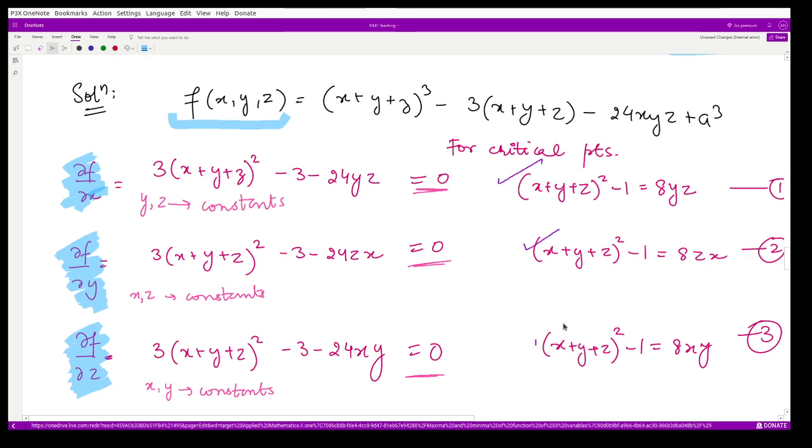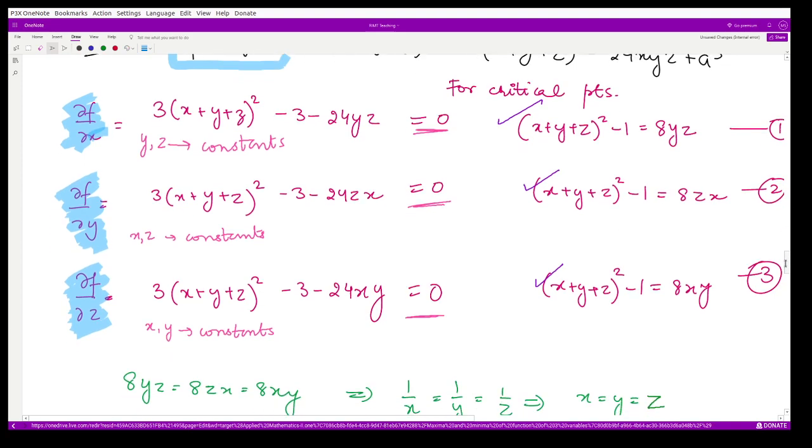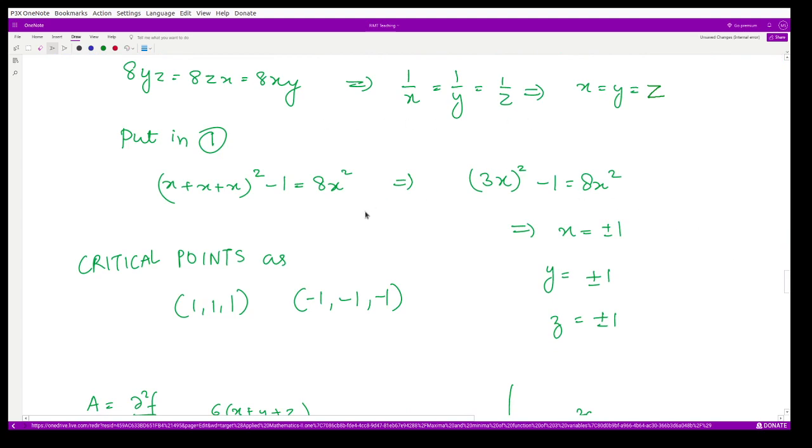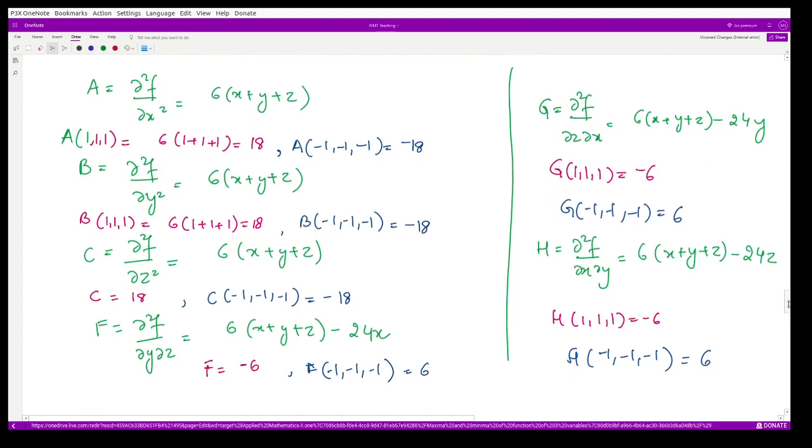The next task is to solve these three equations and to evaluate the values of x, y and z. Once we equate them to 0 and simplify, you obtain two critical points. One point is 1, 1, 1 and the second point is -1, -1, -1. These are the only points because these variables are equal. The next task is evaluation of double derivatives.